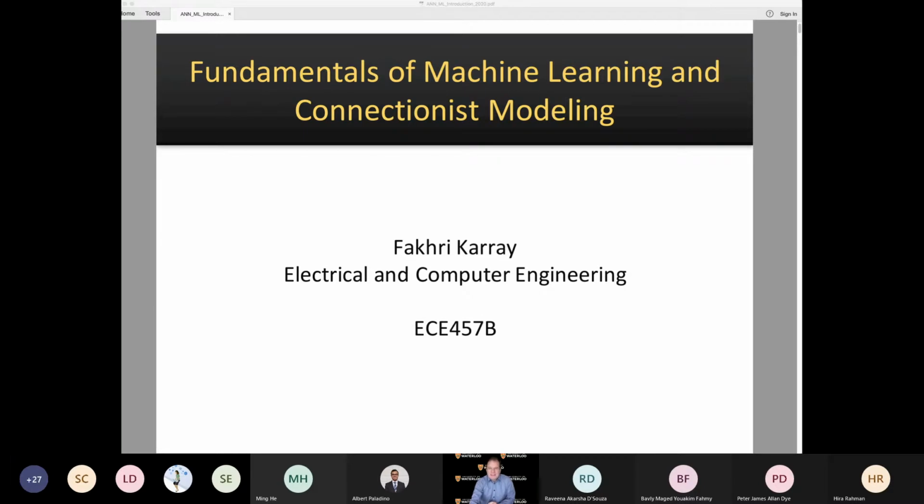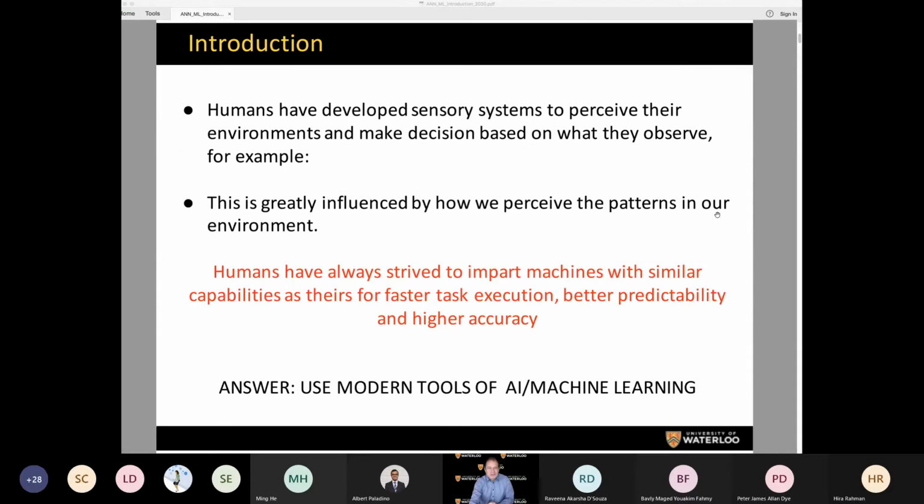So let's start talking about machine learning and the origin of machine learning. As I mentioned during the last lecture, machine learning helps us quite a bit in mimicking the behavior and the capabilities of human beings in going over certain decision-making processes.